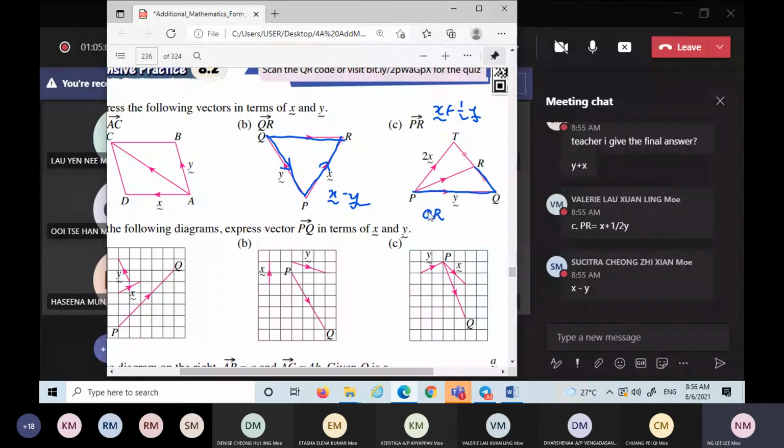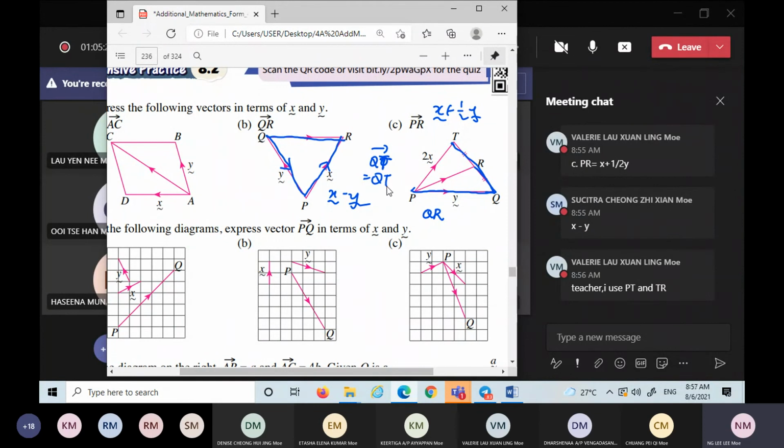I have to get QT first. Q to T is Q to P and then P to T. Q to P is opposite, so negative y. P to T is positive 2x. Then QR is half of QT, so negative y plus 2x.